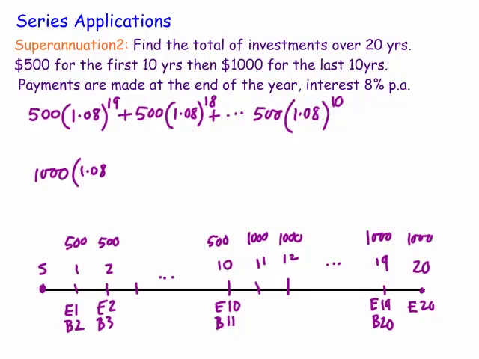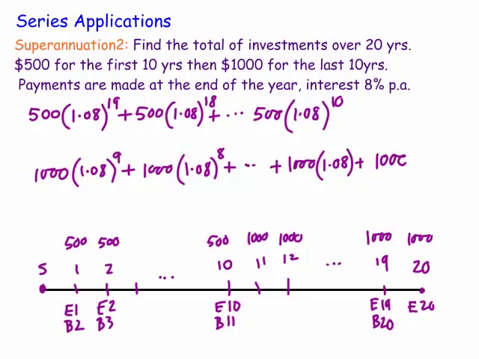If you change the interest rates after the first 10 years we can adjust that, but we'll just keep it at 8%, as it says here. Plus 1,000 times 1.08 to the 8, right down to 1,000 times 1.08, and then the last $1,000 will just go in and not earn any interest. Now we have to sum these individually and get the totals.